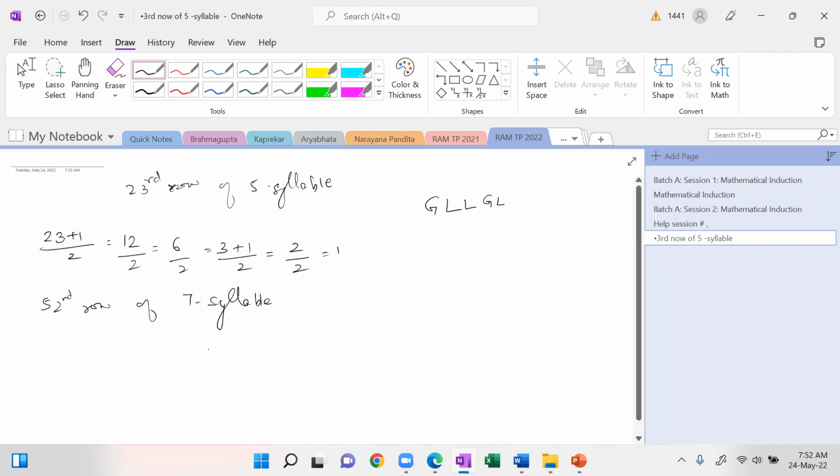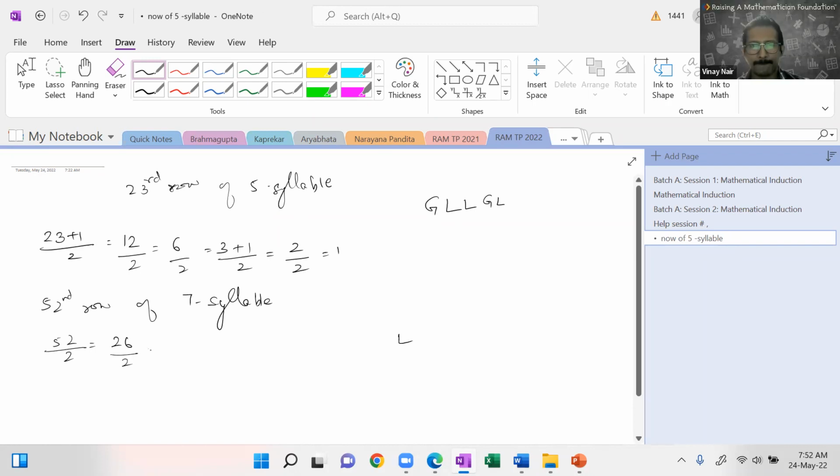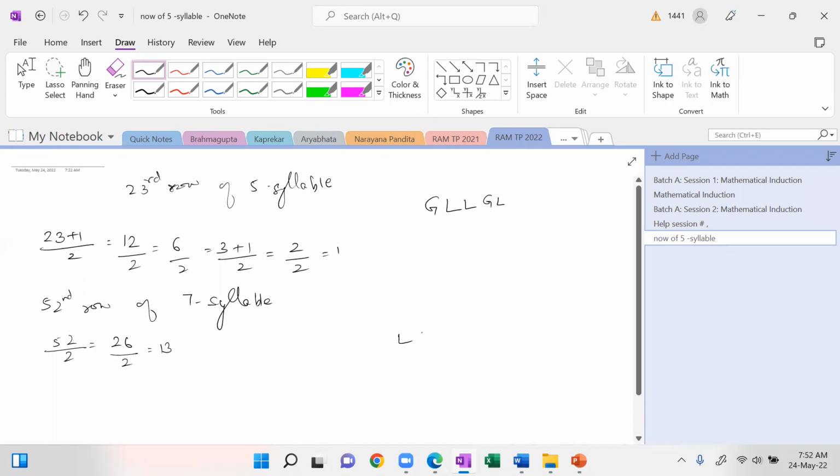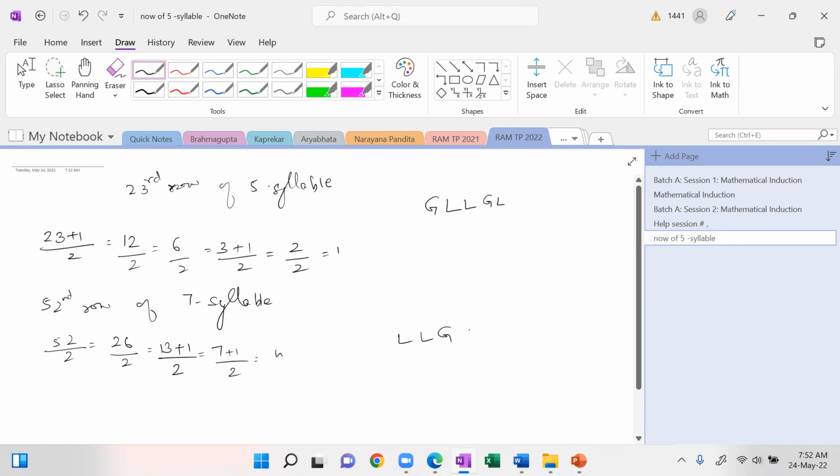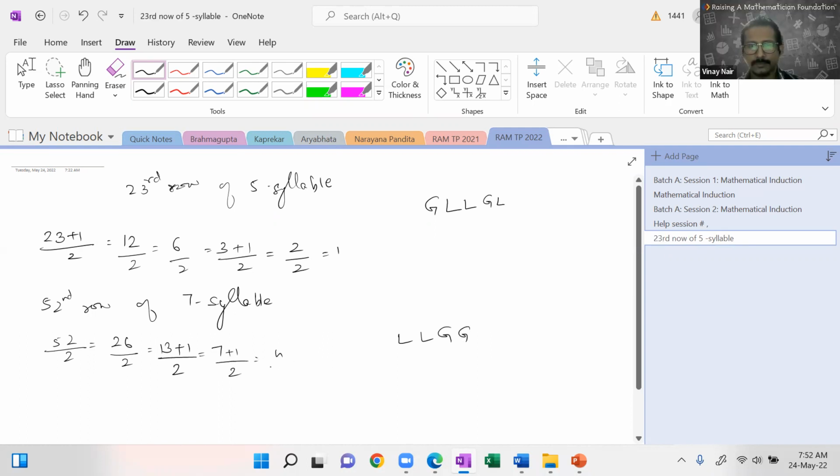Oh, yeah, sure. 52 is divisible by 2, so you get 26 and you write L. 26 is divisible by 2, so you write 13 and you write L. Then you add 1 to 13, divide by 2, you get 7, you write G. Then you add 1 to 7, divide by 2, you get 4 and you write G. Then you write L because 4 is divisible by 2.